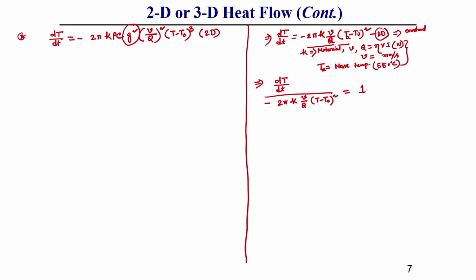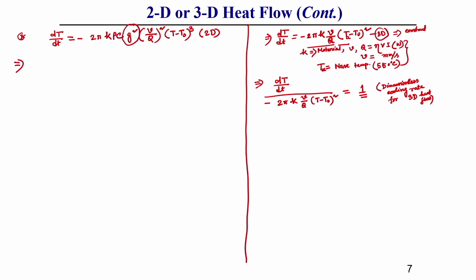Its value will be exactly 1, correct, if all other parameters are constant. Now, this is generally called the dimensionless cooling rate, as it is unitless, for 3-dimensional heat flow, 3D heat flow.